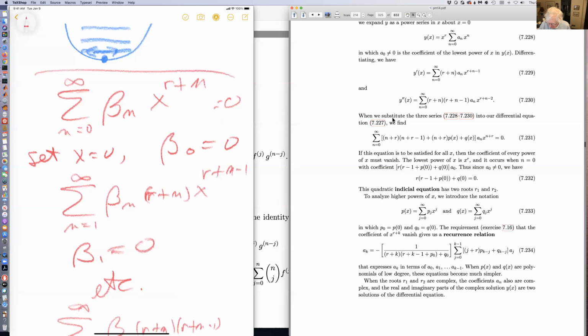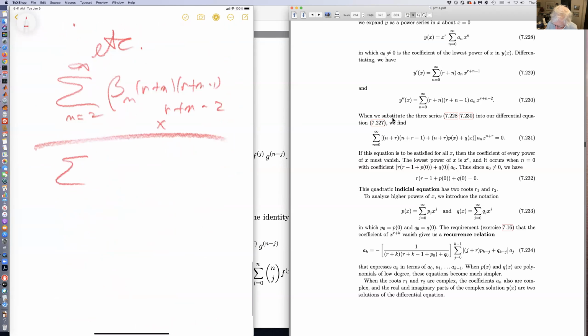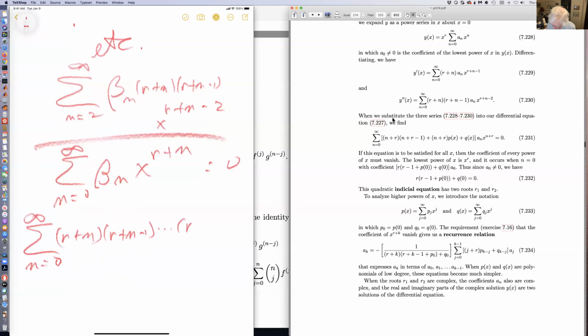Take this equation, differentiate it r times, and then, all right, let me do it again for you. So we have here the sum of beta n x to the r plus n equals 0, n equals 0 to infinity. So that's our initial equation. Differentiate that r times, and then what we'll have is a sum n equals 0 to infinity, and we would have r plus n, minus 1, dot dot dot, r plus n, I guess minus r.